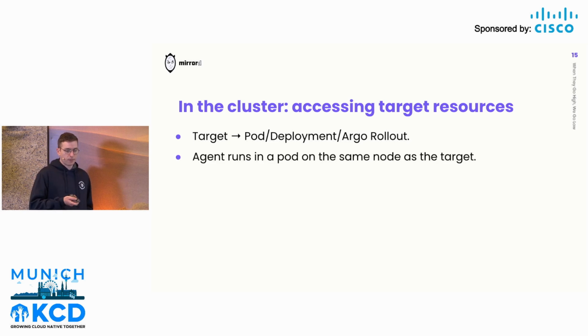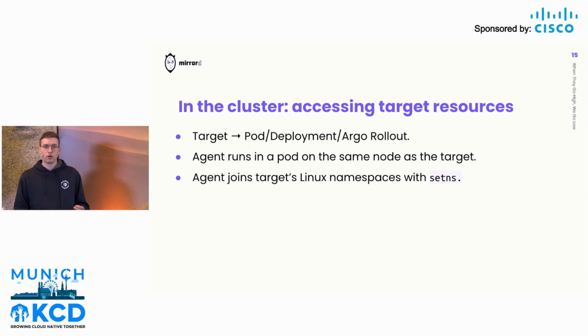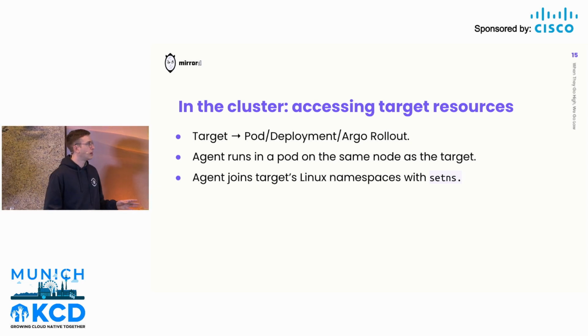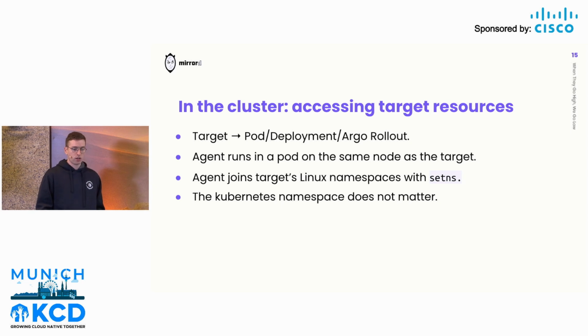So then the mirrord agent runs in a pod on the same node as the target's pod. It joins the application's Linux namespaces. So be aware, this is not the same as Kubernetes namespaces, just a name collision. The Kubernetes namespace actually doesn't matter for any of this.